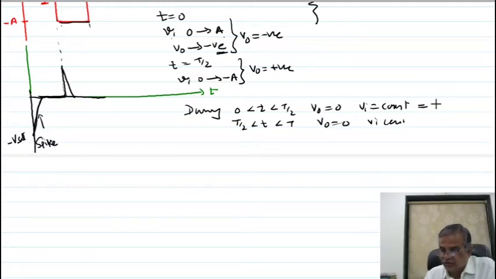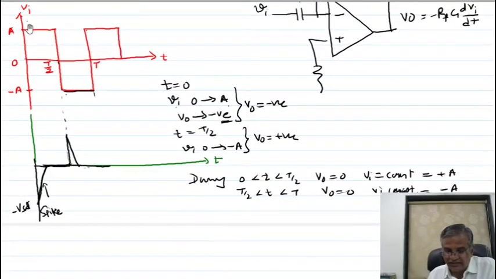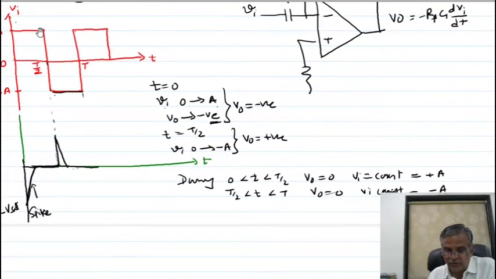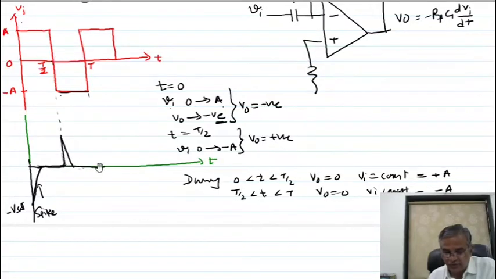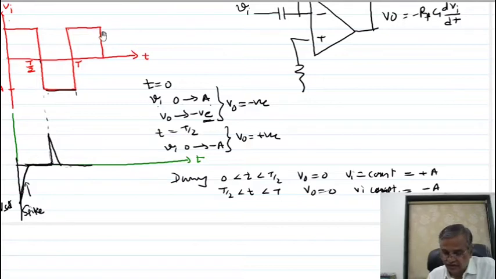Your input is constant at plus A, and then constant at minus A. So it is 0 here. I think you understand. So during these times you can say output is 0. Again it will be 0.